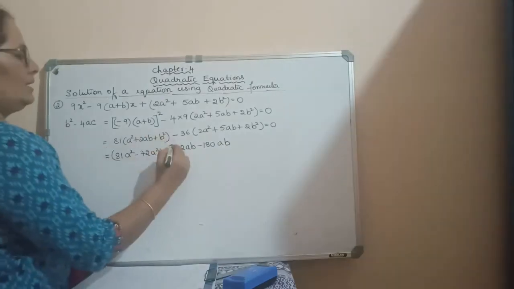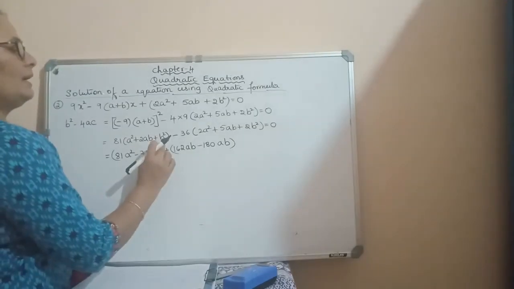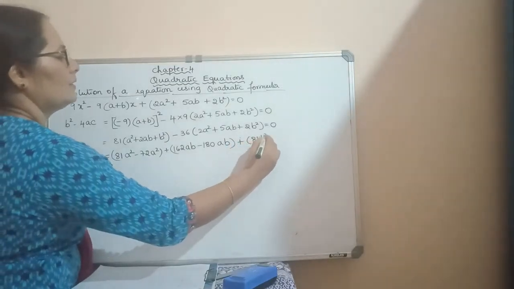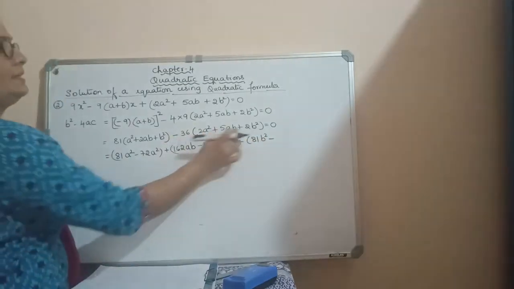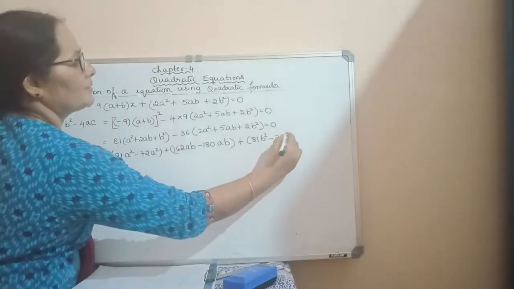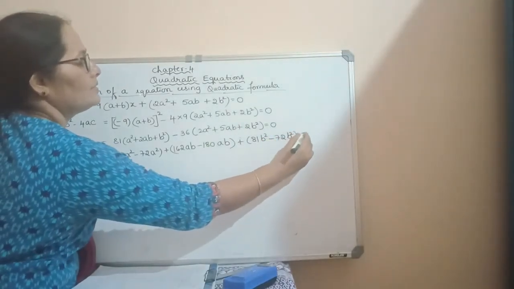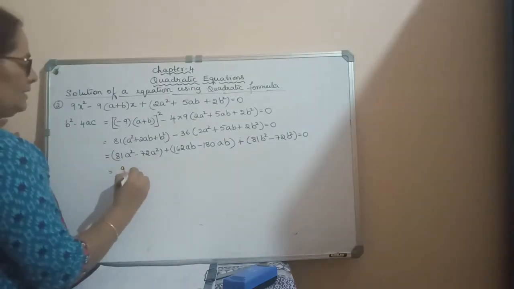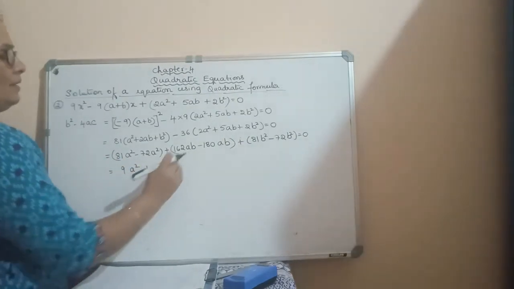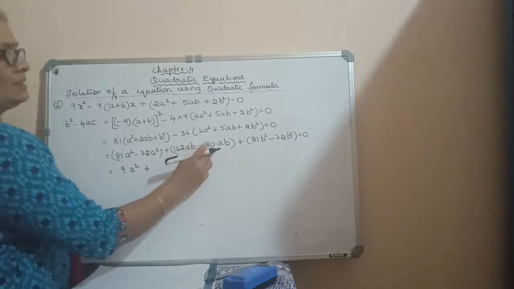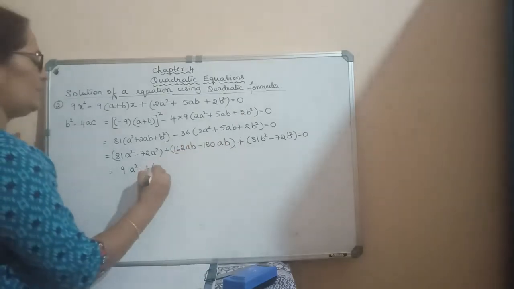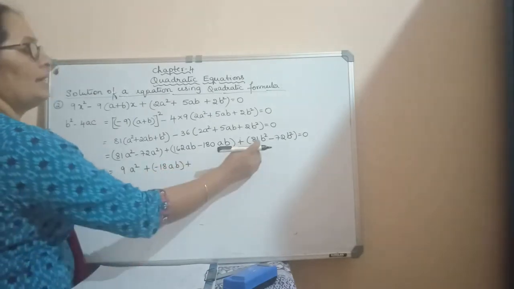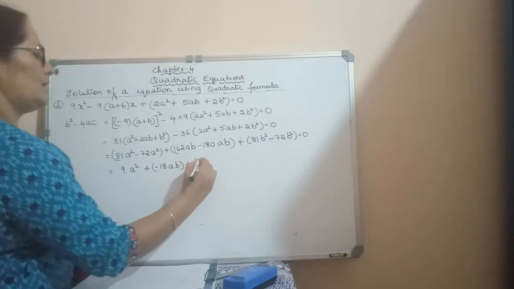Then 81b square, minus 36 into 2, 72b square equals 0. 81 minus 72 is 9a square. Then 162ab minus 180ab is minus 18ab, plus 81 minus 72 is 9b square.